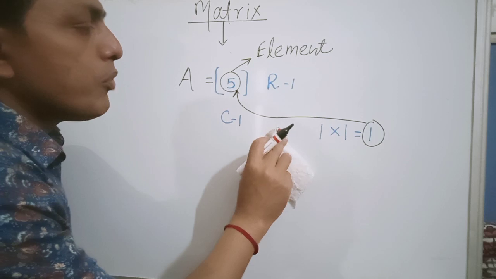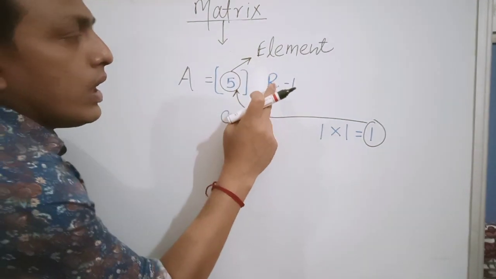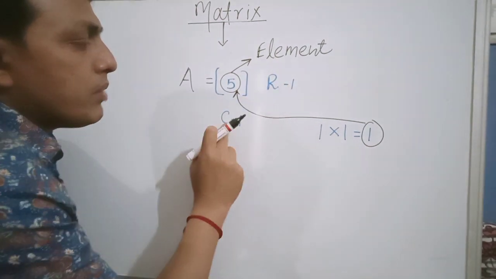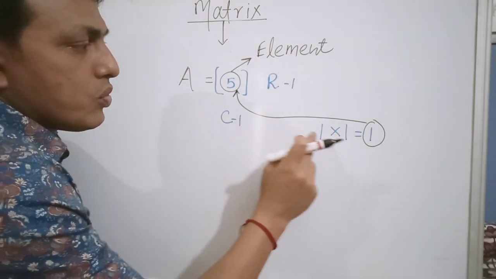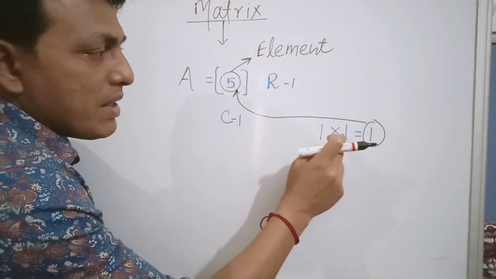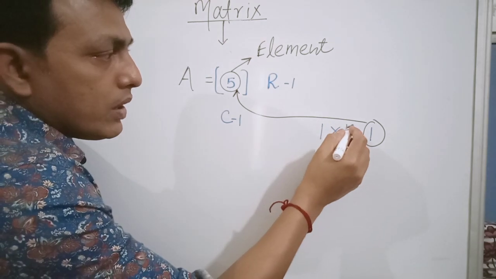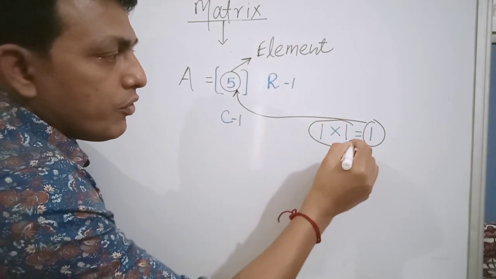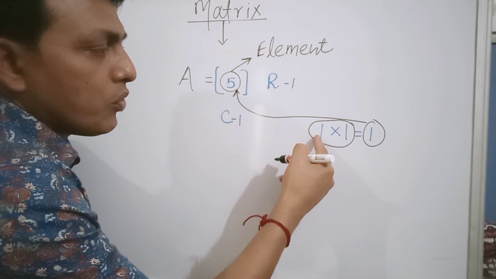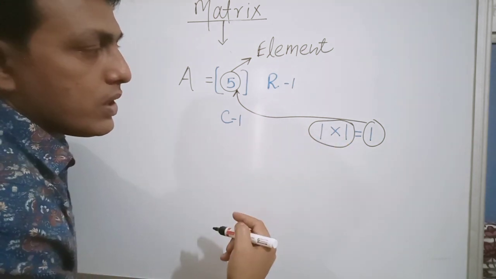Now the second important part, number of rows is 1, number of columns is 1, so number of rows by number of columns. This will give you the information about the number of rows and number of columns.